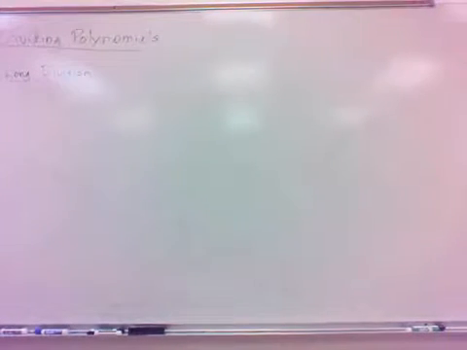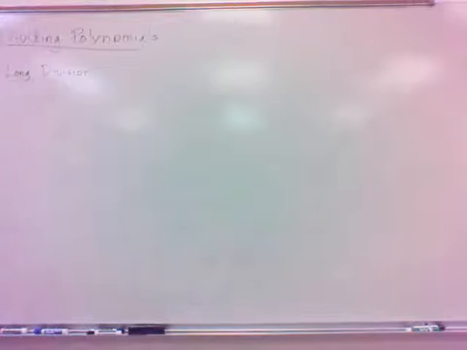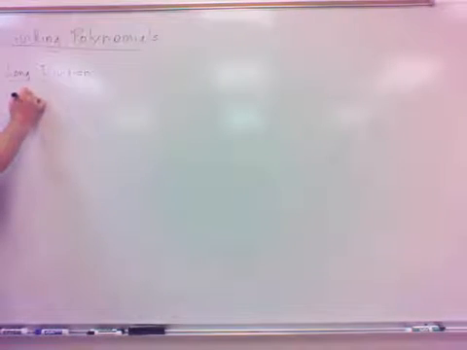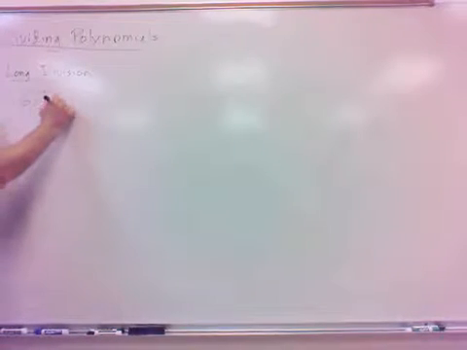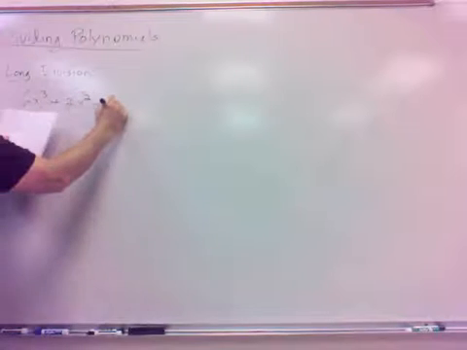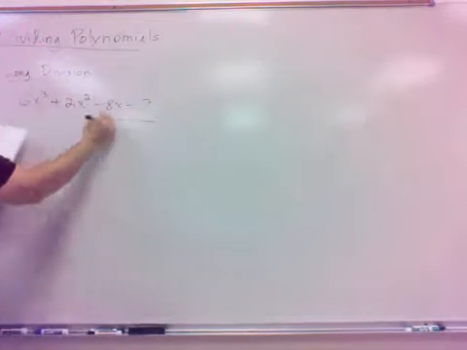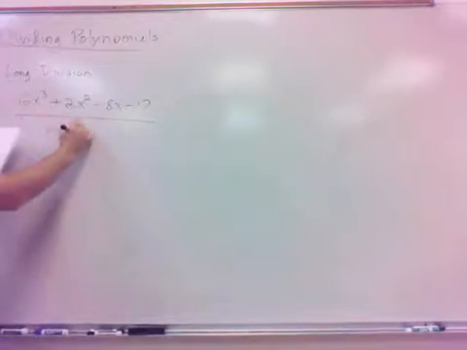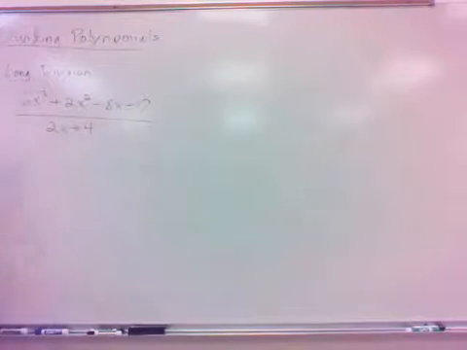With long division, you're looking for the quotient, 6x cubed plus 2x squared minus 8x minus 17 divided by 2x plus 4. If I want to find out my quotient and remainder here, probably the best option is to use, like we said, some long division.